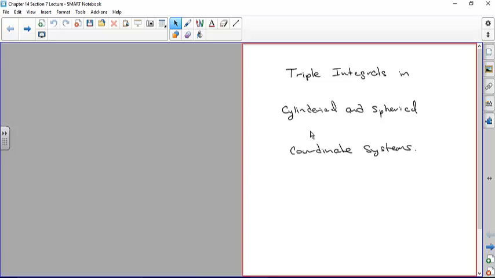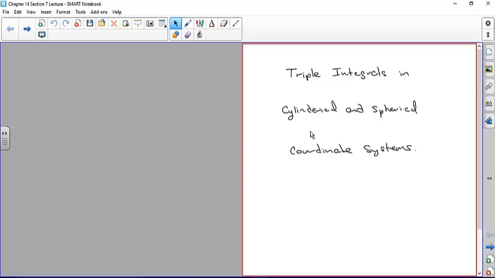So what we're going to do is, in double integrals, we looked at the Cartesian coordinate system, and we looked at the polar coordinate system, and it turns out in a lot of cases the polar coordinate system was much easier to integrate.